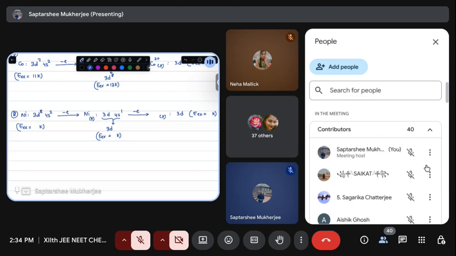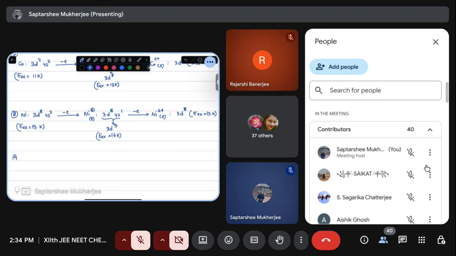If I remove one electron, nickel plus I form, it is 3d8 4s1. Nickel plus 2 if I form, it will remain 3d8. Here I will try to make it 3d9, that is 16k. Here it is supposed to give me 5 plus 3, that is 13k. Clear for all? And again here it is 13k.